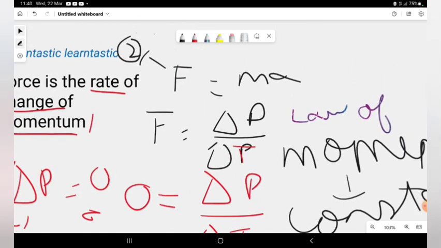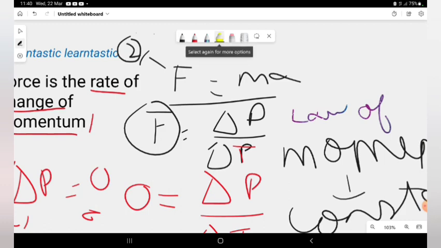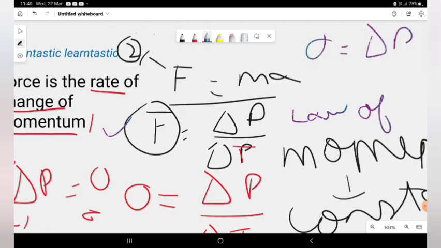So we have our second law of Newton, second law of motion, force is equal to ma, and this is nothing but delta p by delta t, right? So if we assume the force to be 0, let us say the force is 0. So when it is 0, what will it be? 0 equal to delta P by delta T, and time cannot be 0. So what does that mean?